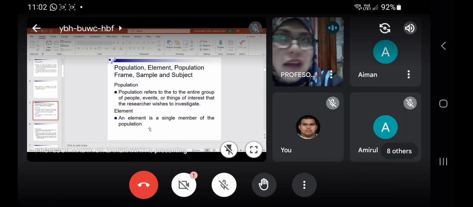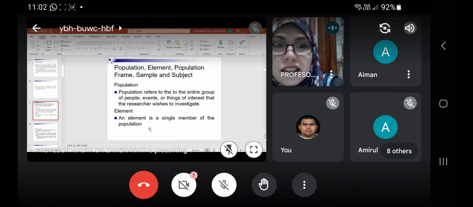Because we have a bigger population, it is totally impossible to get that many units to be your elements. Take the population in a district in Sungai Petani.